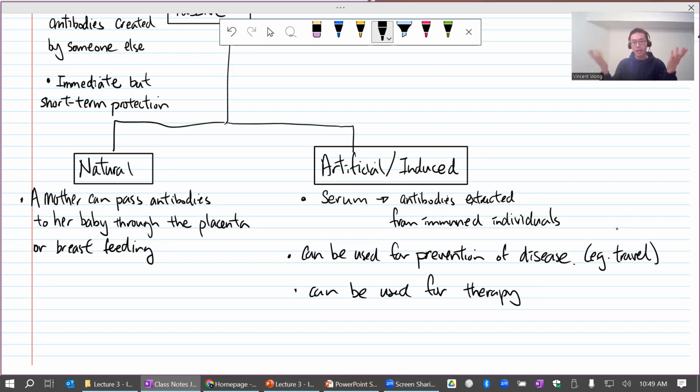You're like, oh no, what if I caught the hepatitis? So you will receive a serum as both a therapy and a prevention, because we don't know if you actually caught the disease, but if you did, then we would have the serum injected. Just in case you got it, inject the serum, and then it's gonna clear the virus before it causes problems.